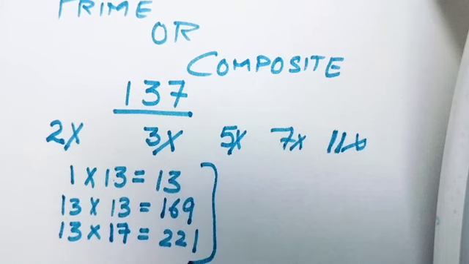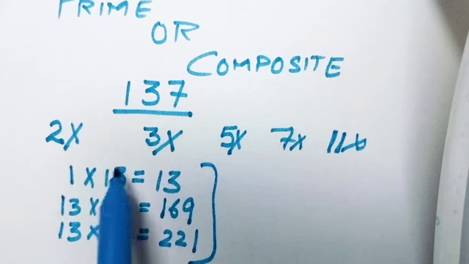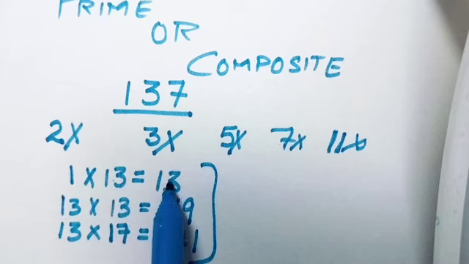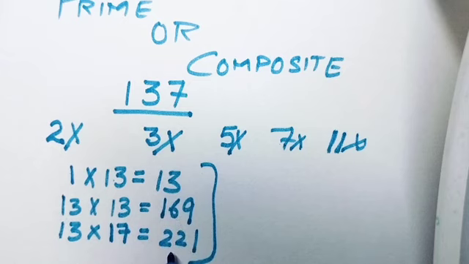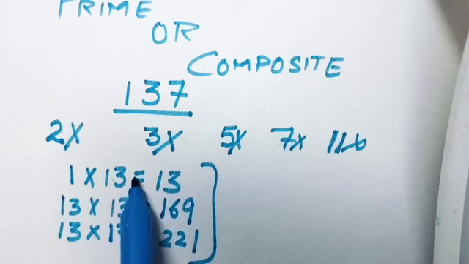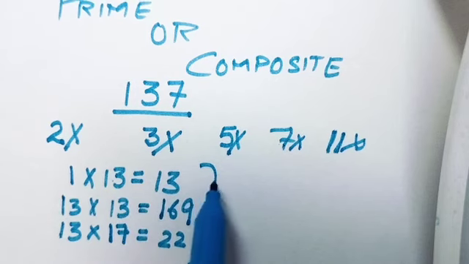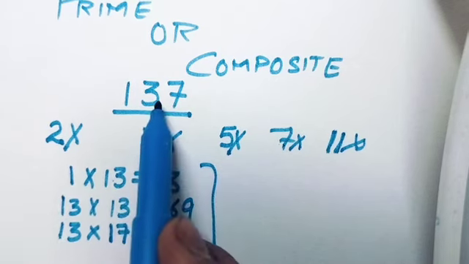We can simply see that the numbers which have 13 as the smallest factor are 13, 169 and 221. That means 137 does not have 13 as a prime factor. So it does not come in the table of 13.